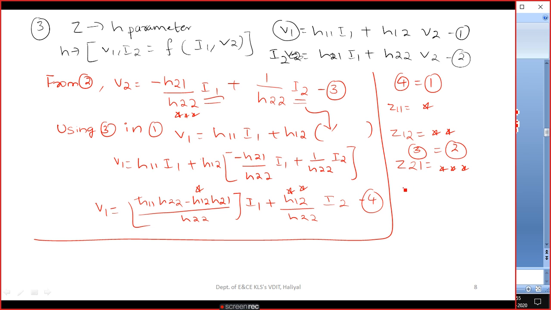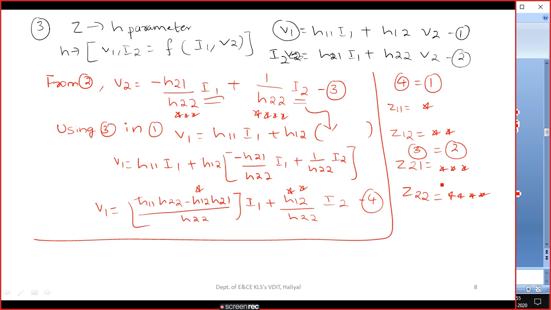And Z22 will be 1 divided by H22. Let me put four stars here. Okay. Is it fine now? Everyone getting this? Yes, sir.